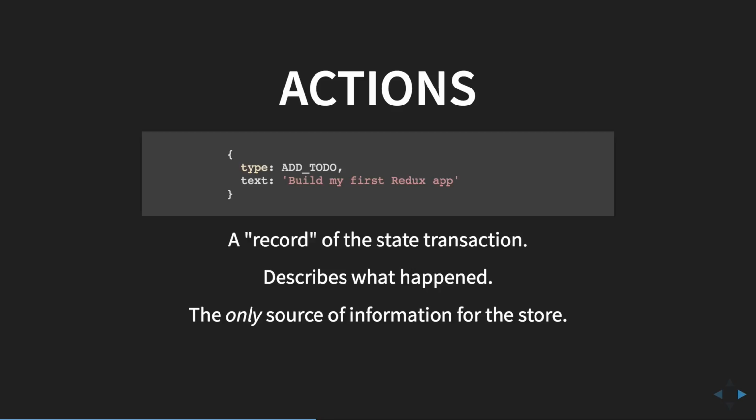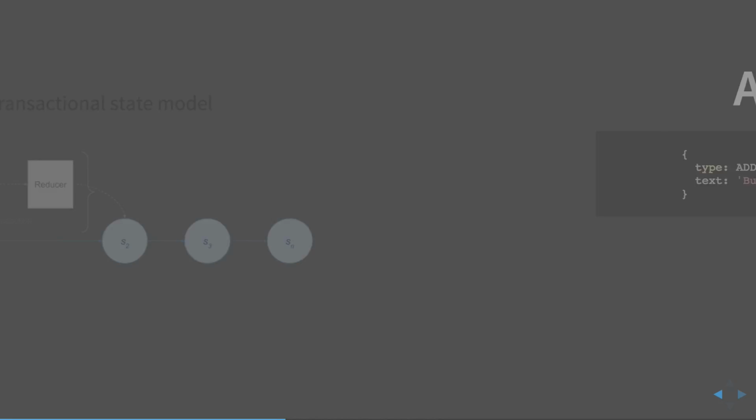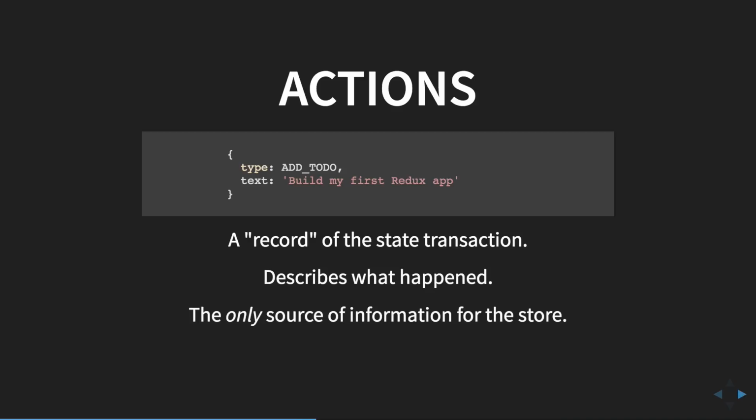If we go back to the Flux diagram, you can see that actions are dispatched, and it's the only way that we can get data into the store. That means that when we start talking about components, components themselves are never mutating or changing the application state directly. Everything is dispatched through an action.